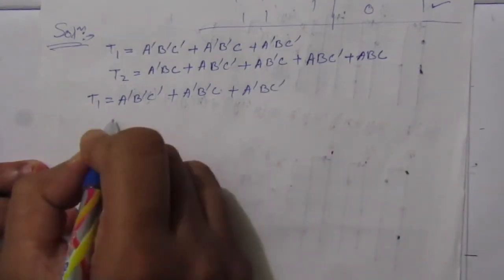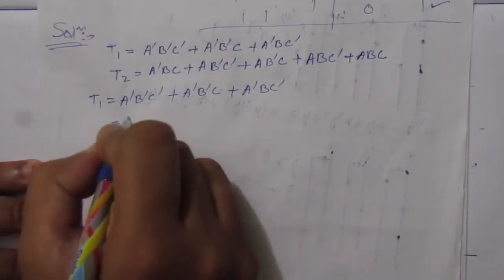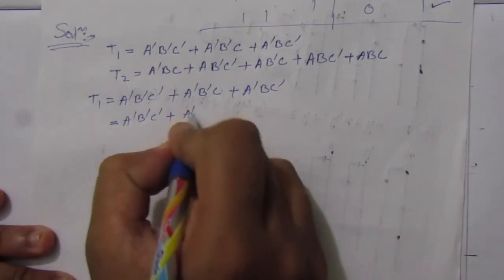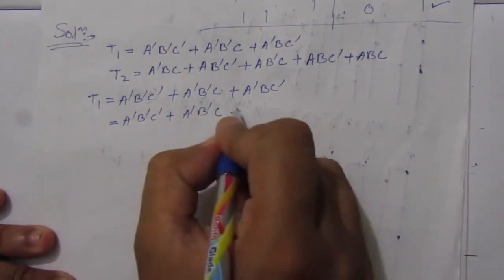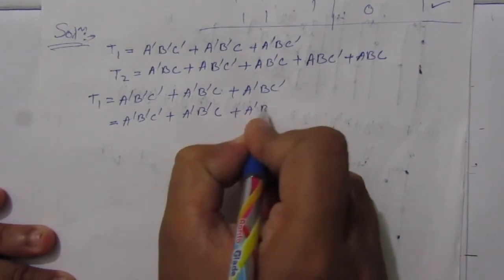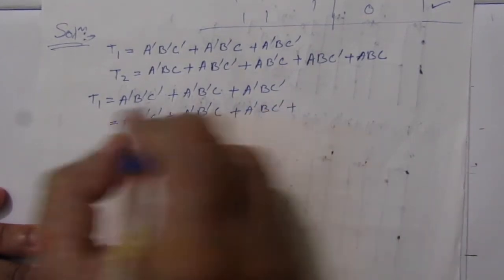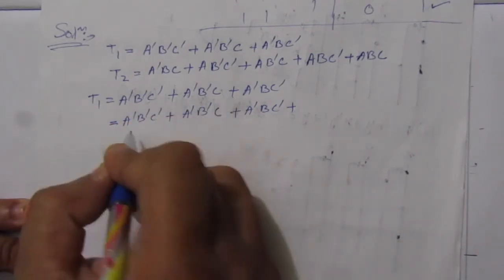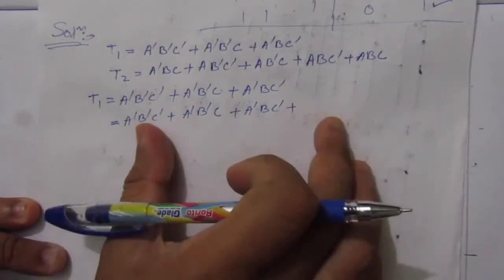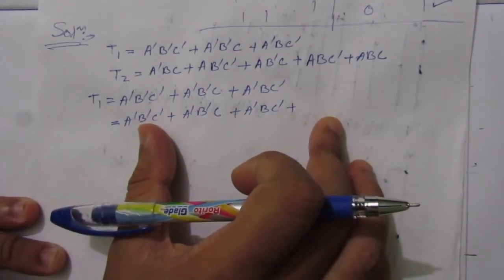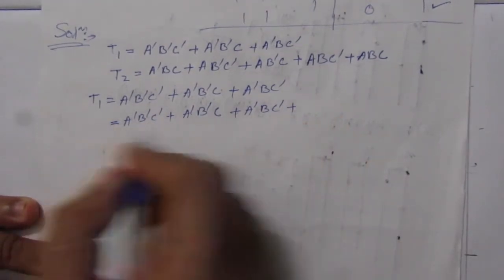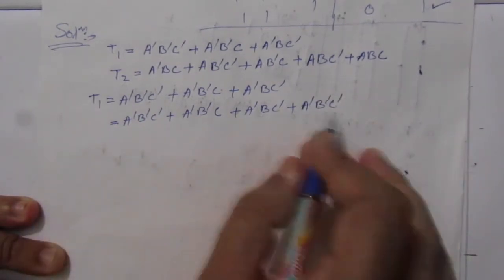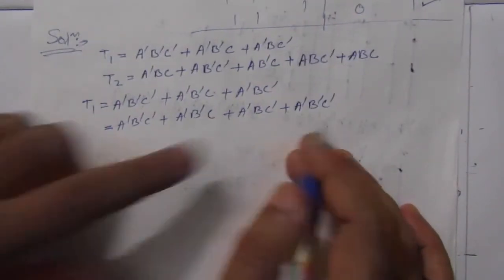We can rewrite it as A bar, B bar, C bar plus A bar, B bar, C plus A bar, B, C bar plus, if we add another A bar, B bar, C bar, the value will be the same, because if we have two terms the same, then we can omit one of them. We already have A bar, B bar, C bar.